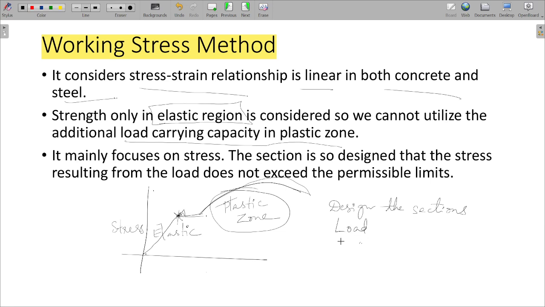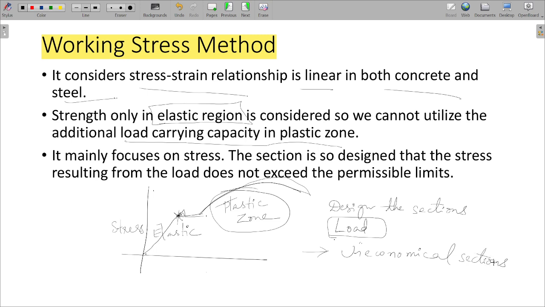So the load that the member will carry, as we calculated, is on the lower side. Because of this, what happens? We are designing uneconomical sections.